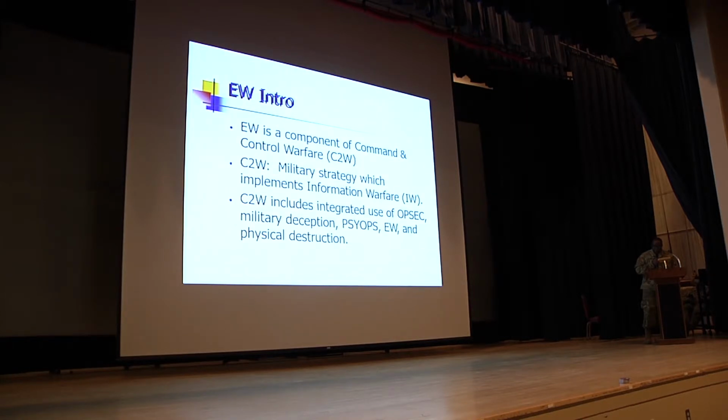There's more importance on the electronic battlefield, or the EMS spectrum. So what we want to do is improve our EMS capabilities in order to have control of the EMS spectrum and be able to dominate our adversary.